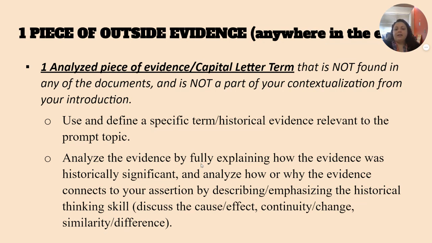You want to pick something that's relevant to the prompt, that you can fully explain how your CLT shows continuity or change, helps prove similarity or difference, or helps prove cause or effect. So making sure you pick a term that you can heavily explain and connect. So with your outside evidence, it's just one, but you want to thoroughly define it and explain it so that you can get that point.